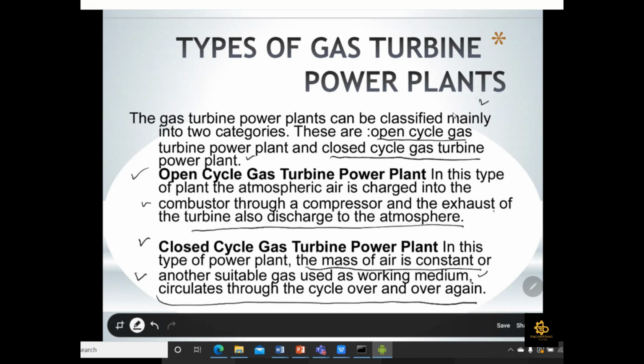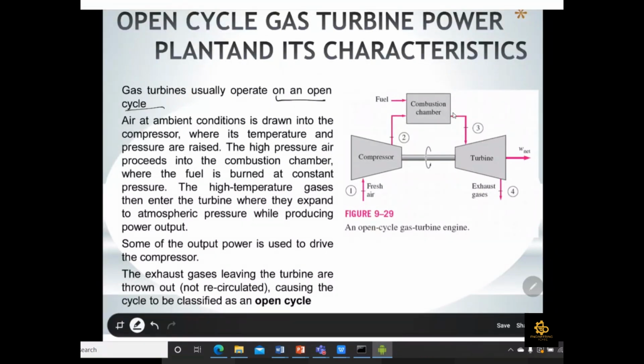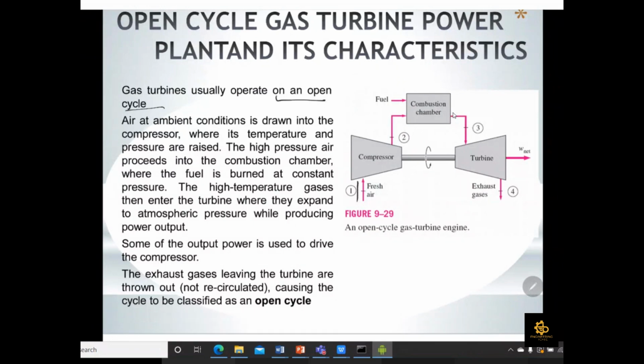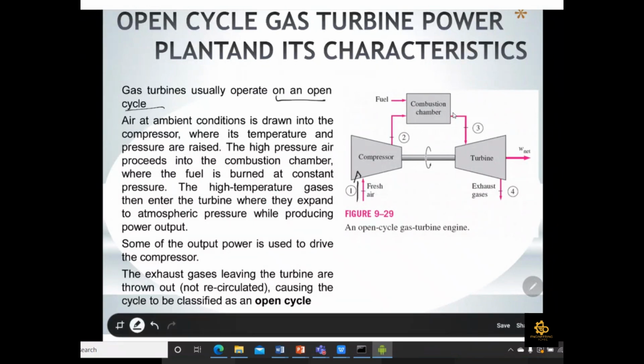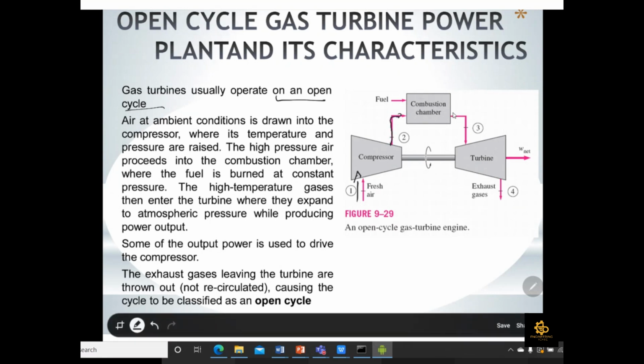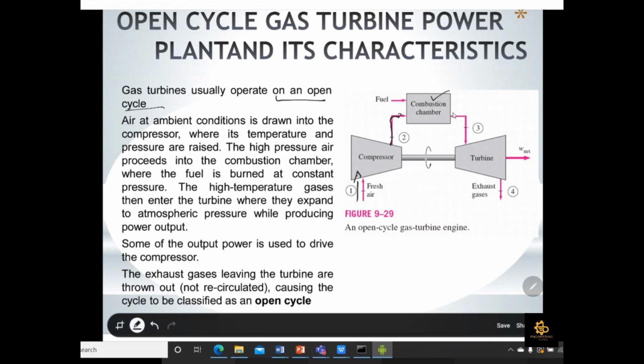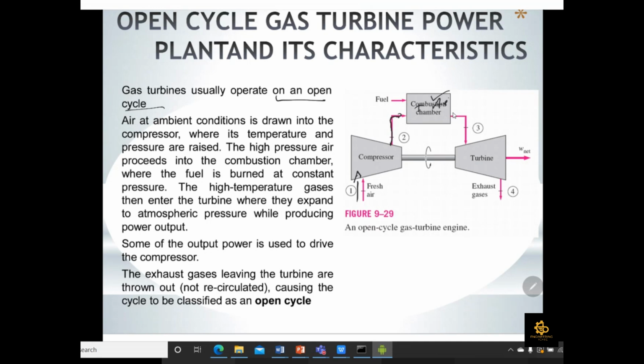Okay, so we will see what the open cycle looks like. This is the open cycle schematic diagram, and most gas turbines are used on an open cycle. Here air is going towards the compressor. After the compressor, the air is compressed and reaches high temperature and pressure, and then it is sent to the combustion chamber, where fuel is added to the air.